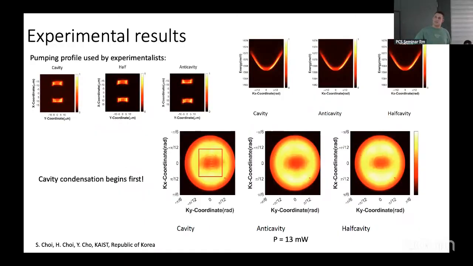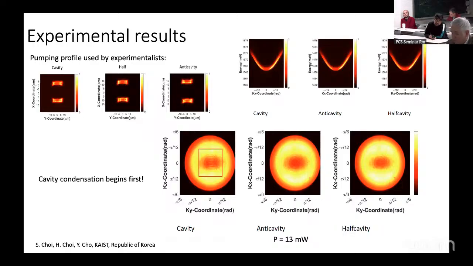But in the next slide, I will point out what was... Or let me rephrase my question. You taught us before that you need a cavity to start the game with, and now you make an anti-cavity, which is not a cavity. I think an anti-cavity means that you do not trap photons efficiently in the cavity. Or am I getting something wrong?